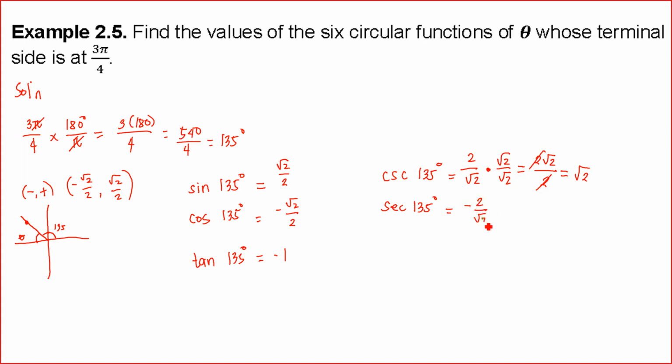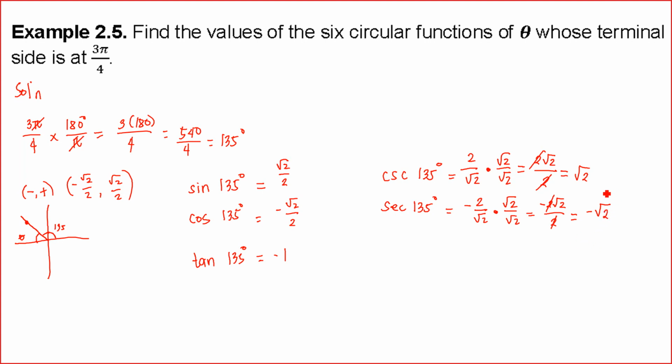We multiply by square root of 2 over square root of 2, and we get -2 square root of 2 over 2, because the product of square root of 2 times square root of 2 is 2. Divide out the numerator and denominator, and we have negative square root of 2. Therefore, the secant 135 degrees is negative square root of 2.